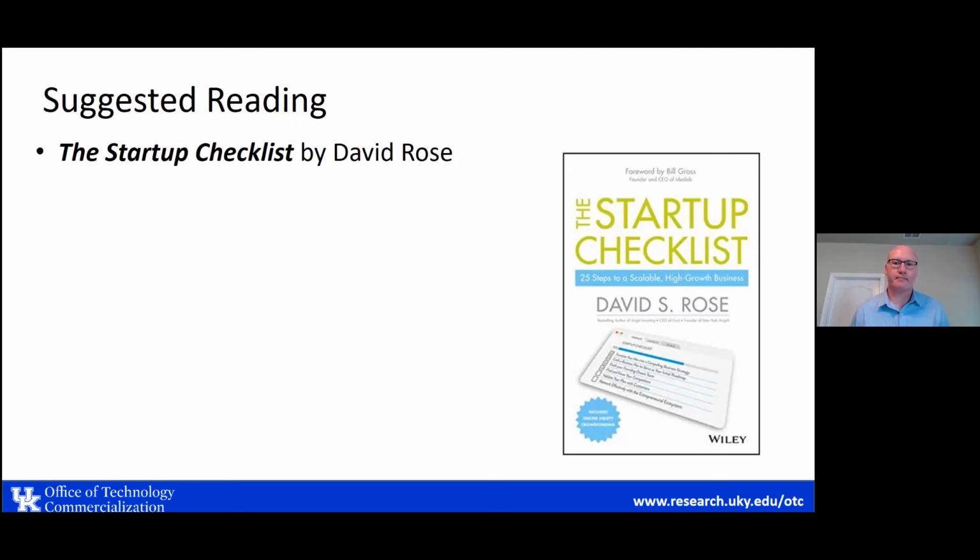Great. Can you talk about what the difference is between an SLP license and a non-SLP license? Sure. So the SLP program is designed specifically for working with UK technology startups, and particularly startups that are commercializing UK technology.